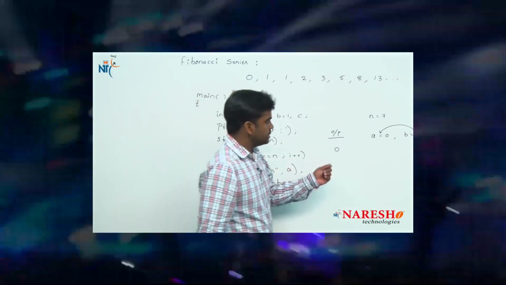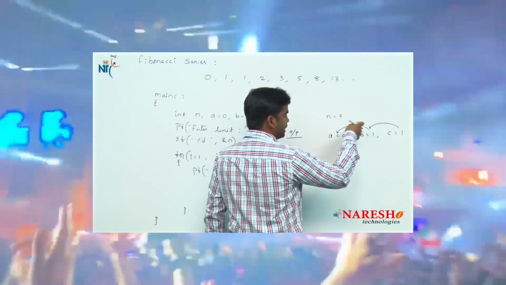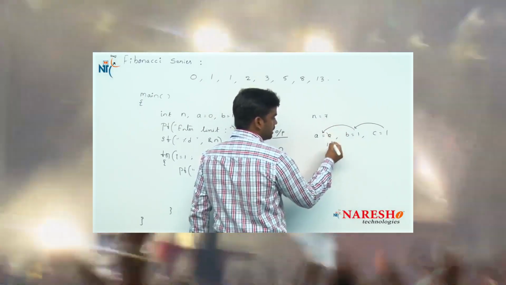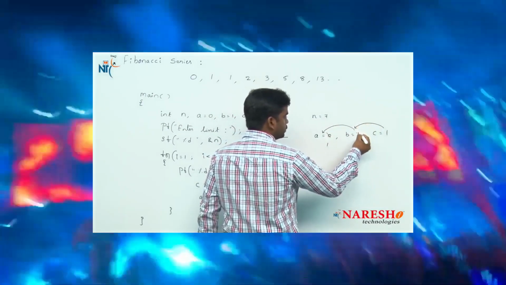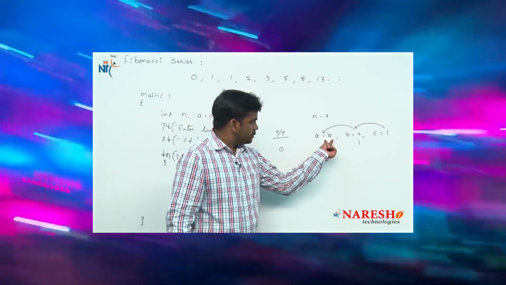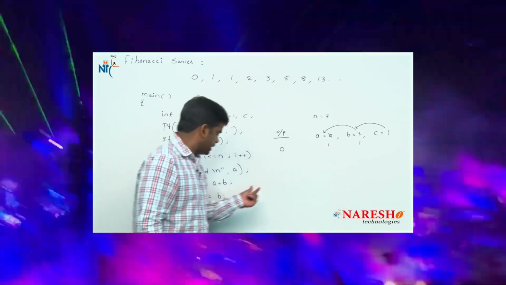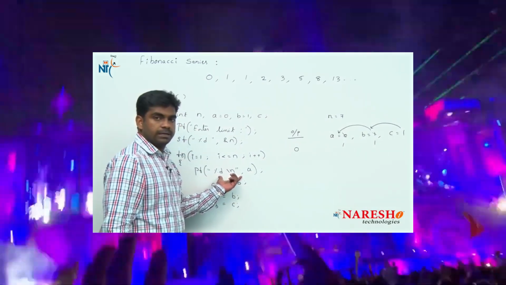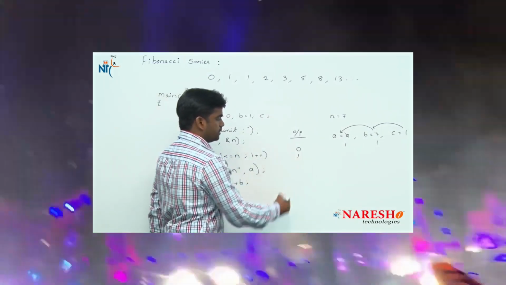Now the a value is 1, and the c value stored into b is also 1. If you print the a value in the second iteration, it will print 1.